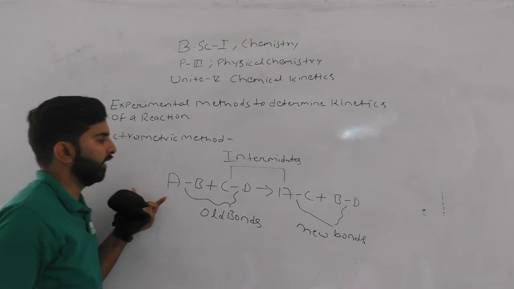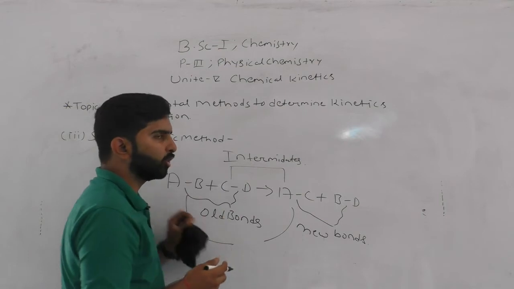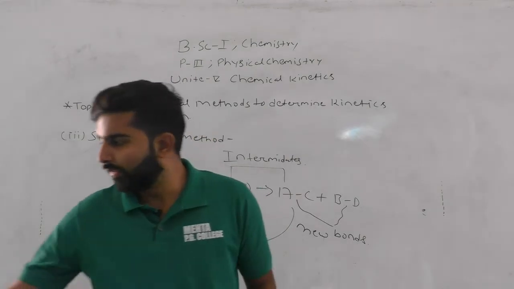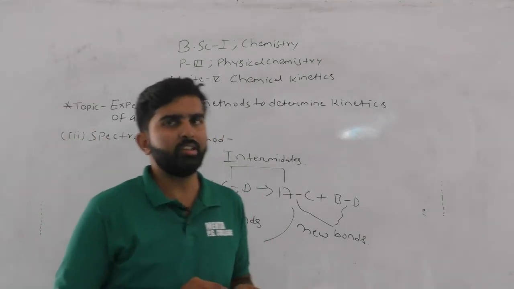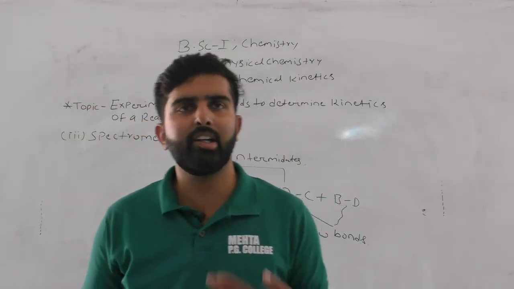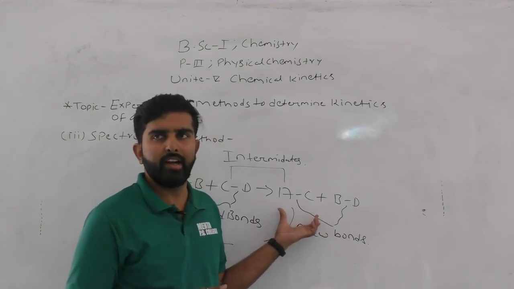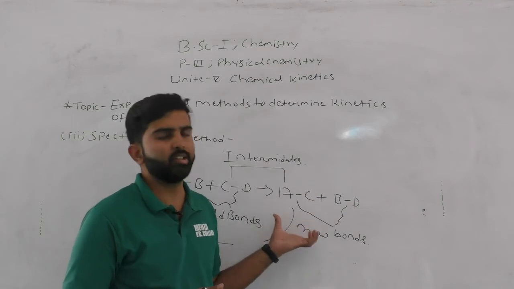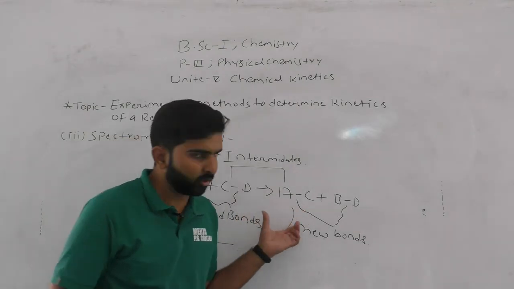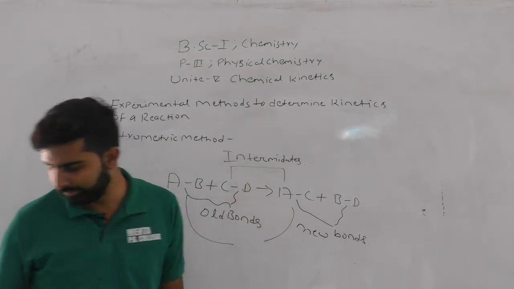So when we shine light radiation on this reaction mixture, light can be absorbed by reactants, intermediates or product. So in this method we study the absorbance of the light by the reaction mixture components, or the optical density of the reaction mixture. So first in this method we write the principle of the method.